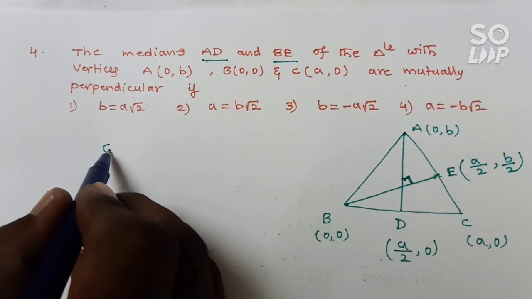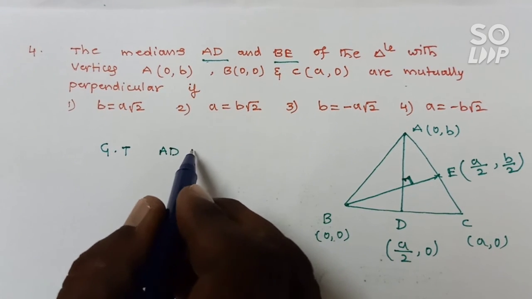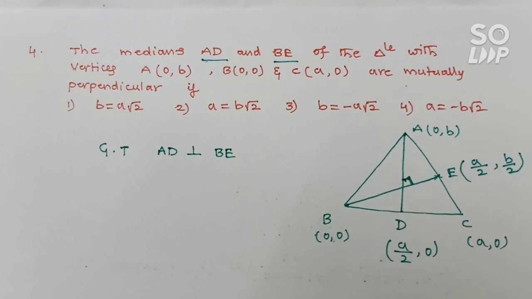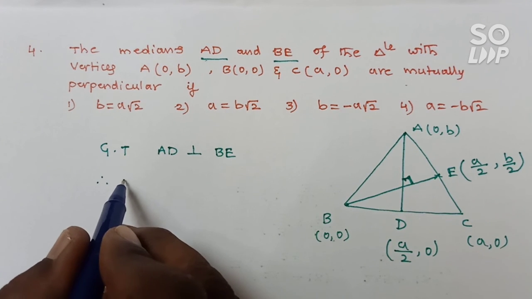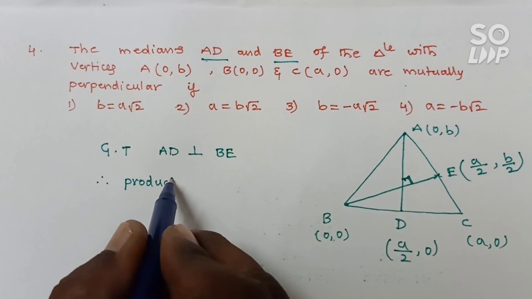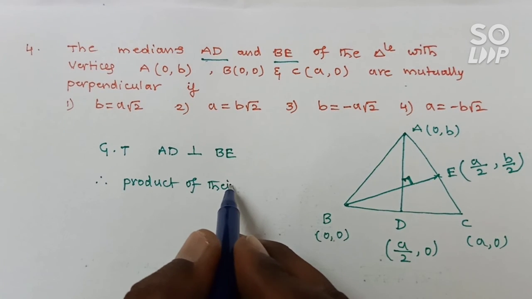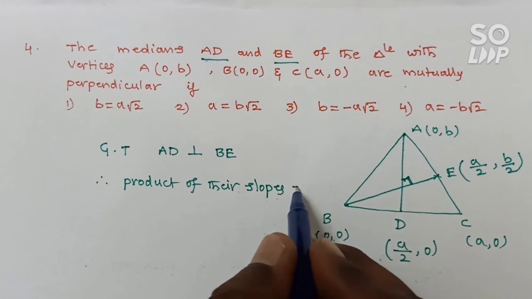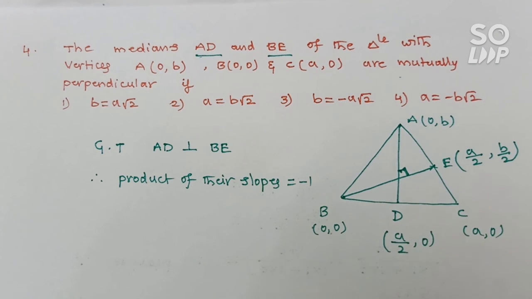So here we write that, given AD is perpendicular to BE, therefore the product of their slopes is equal to -1. That means, what is the slope of AD?